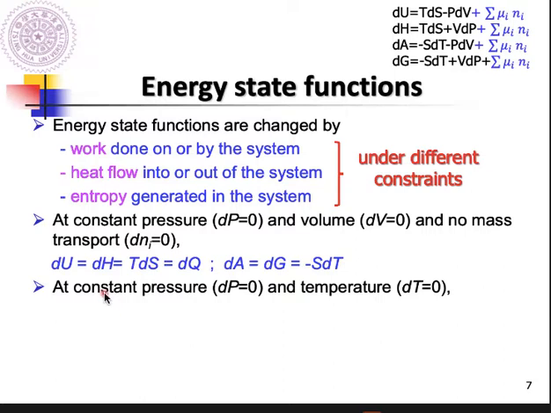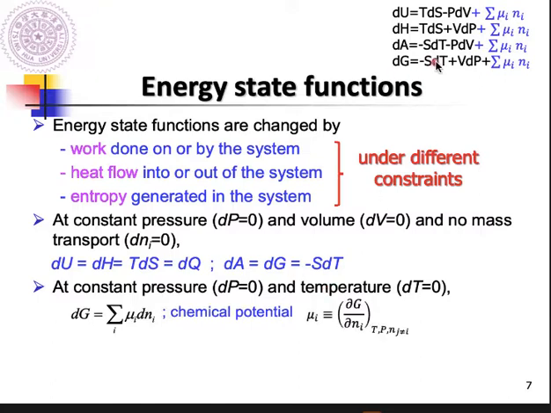And if you are working at constant pressure and constant temperature, the change of Gibbs free energy dG can be directly related to the summation of the chemical potential mu i times dNi, the mass transport of the different species.